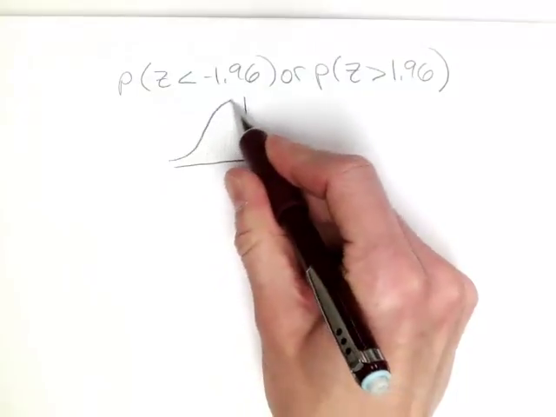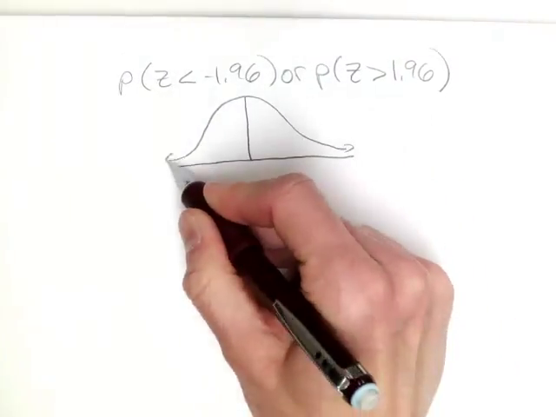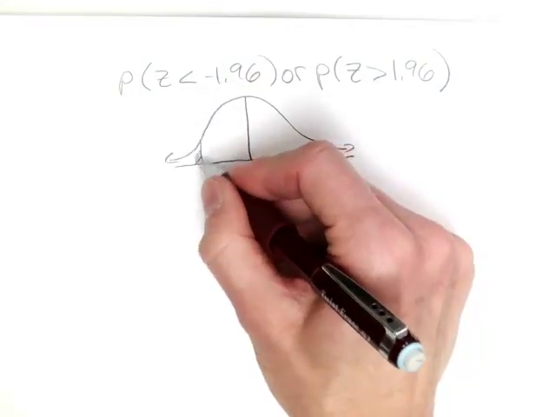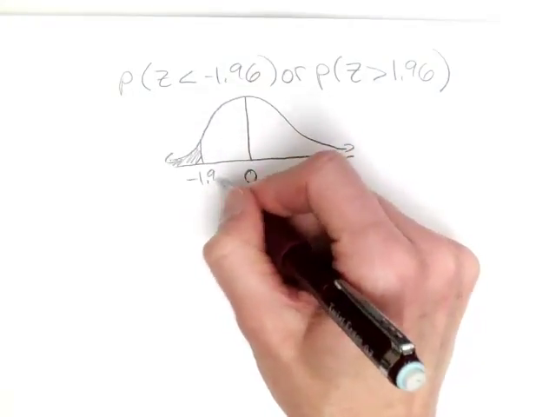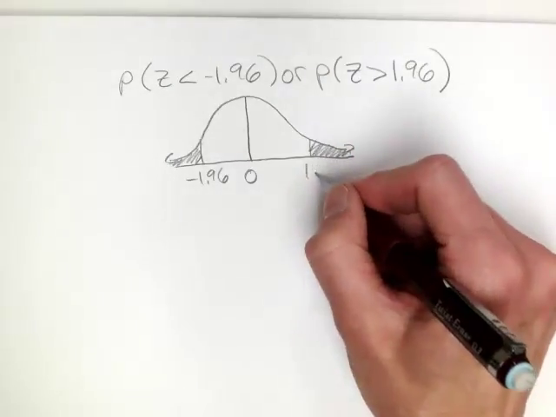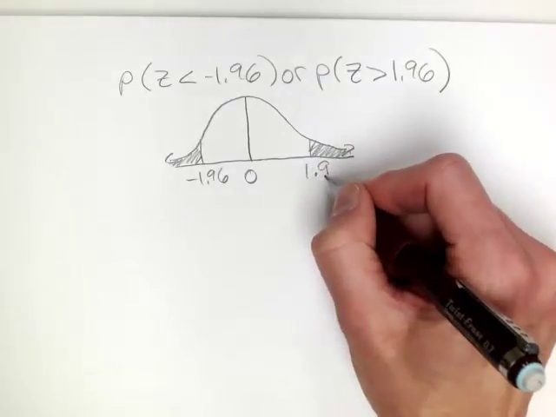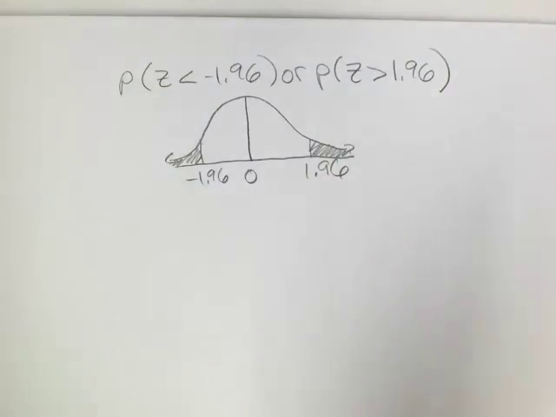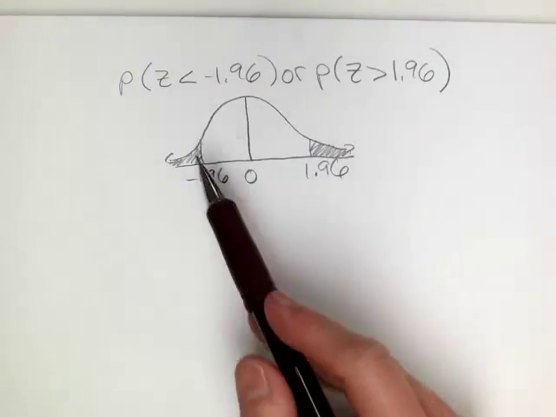So again, drawing a bell curve and putting 0 in the middle, I've got z is less than negative 1.96, or z is greater than positive 1.96.